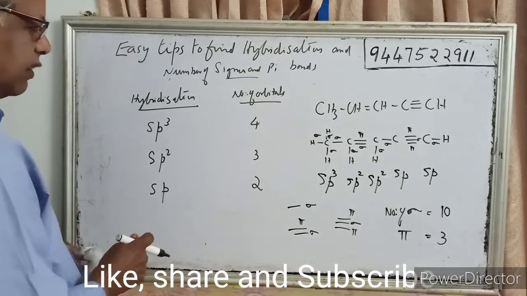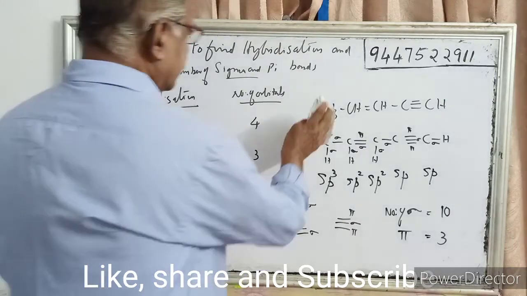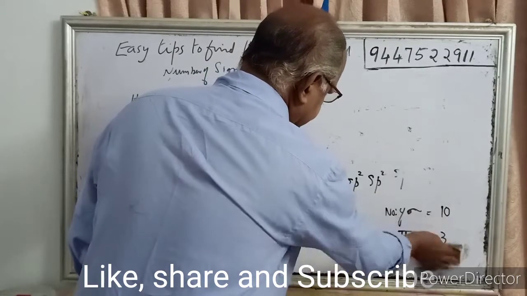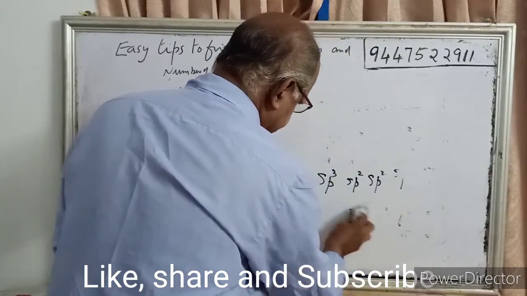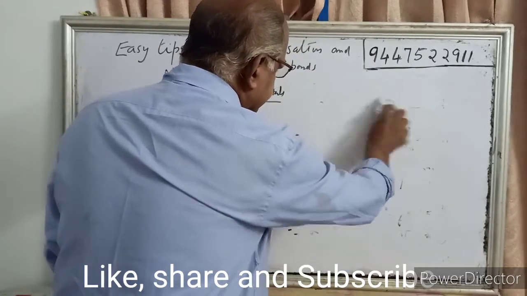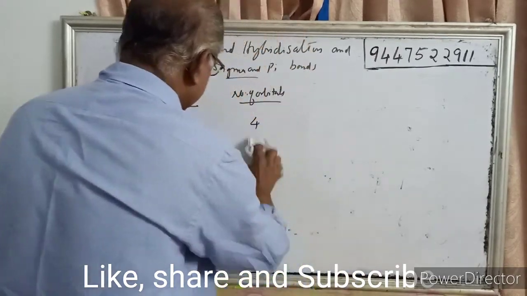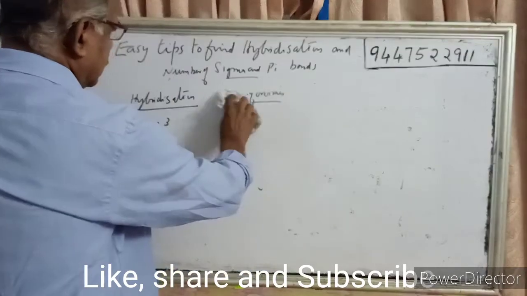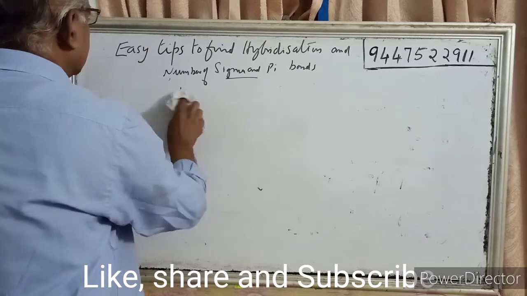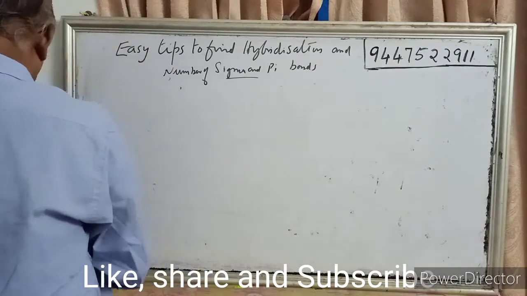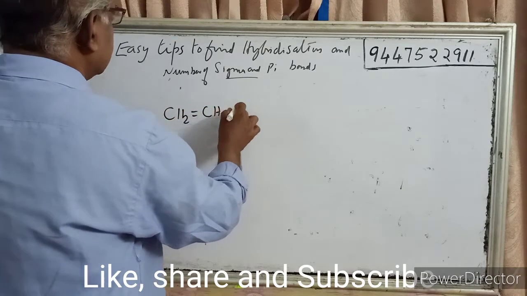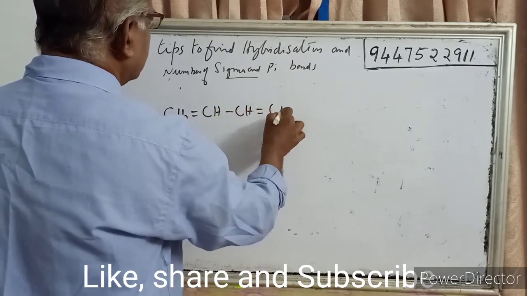We have to discuss one more example. Another example: CH2 double bond CH, single bond CH, double bond CH2.